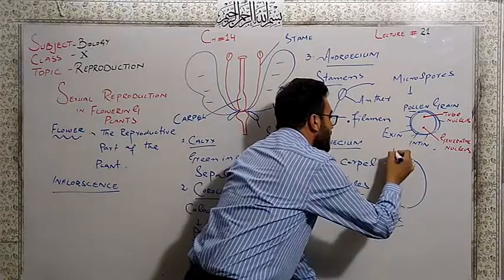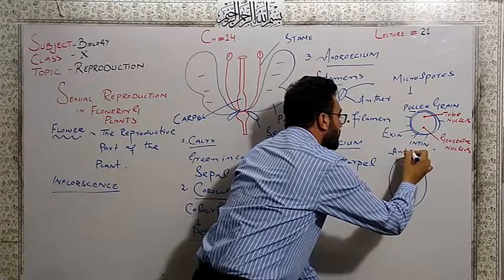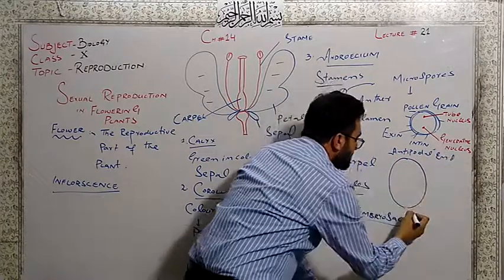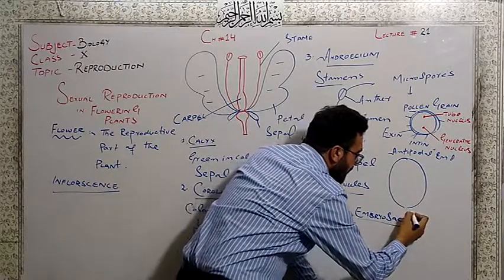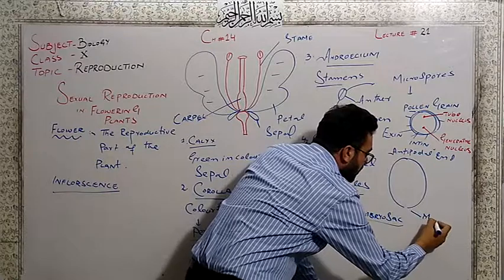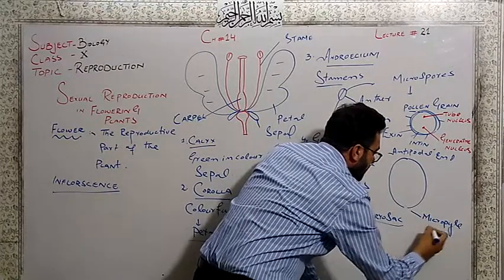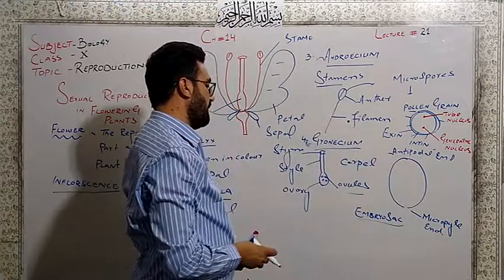This end is called the antipodal end, and this part is called the micropyle. This aperture is called the micropyle, that's why this end is called the micropylar end.